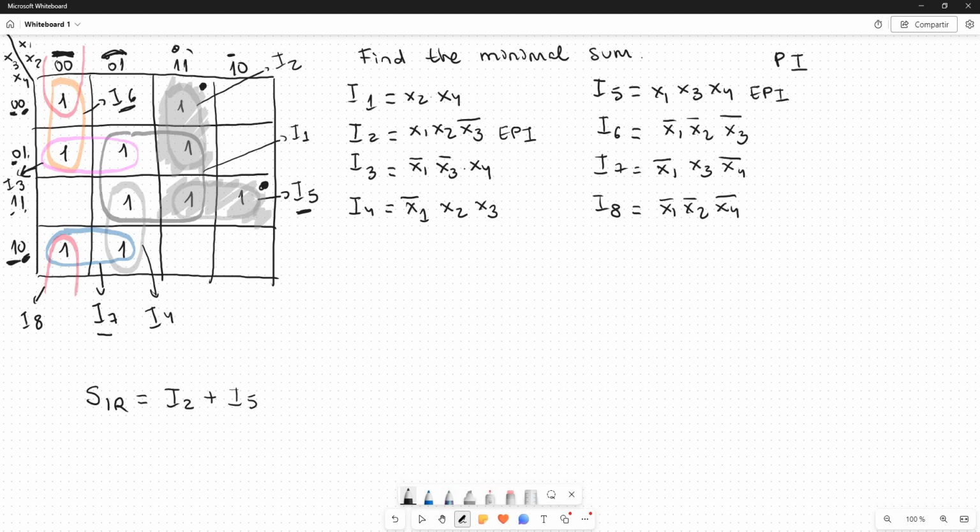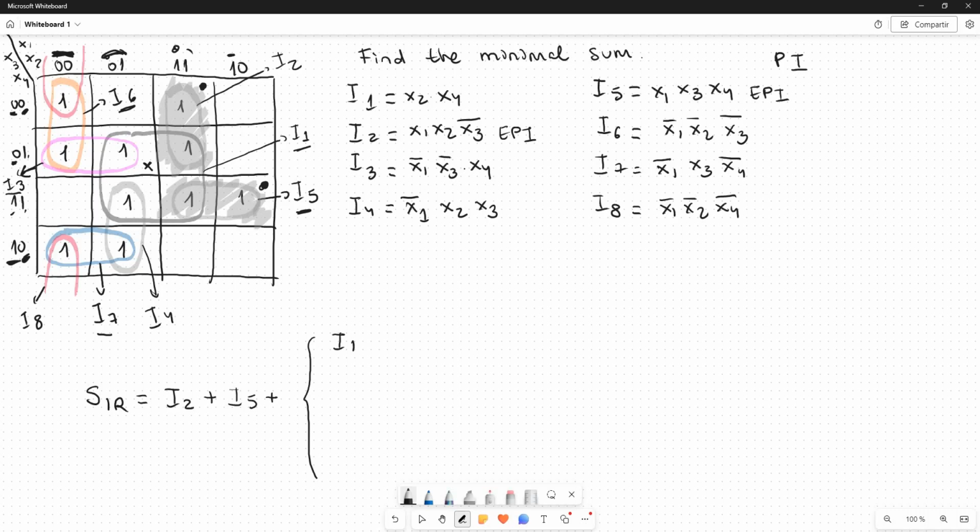If we start by this one, I'm going to use this X. We can use two possible implicants: implicant 1 to cover this one, or implicant 3. You can see it, okay? So we have a bifurcation.